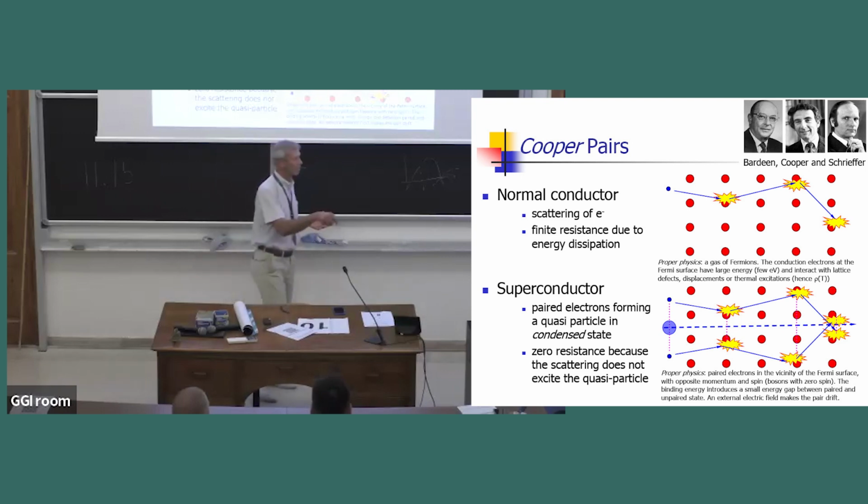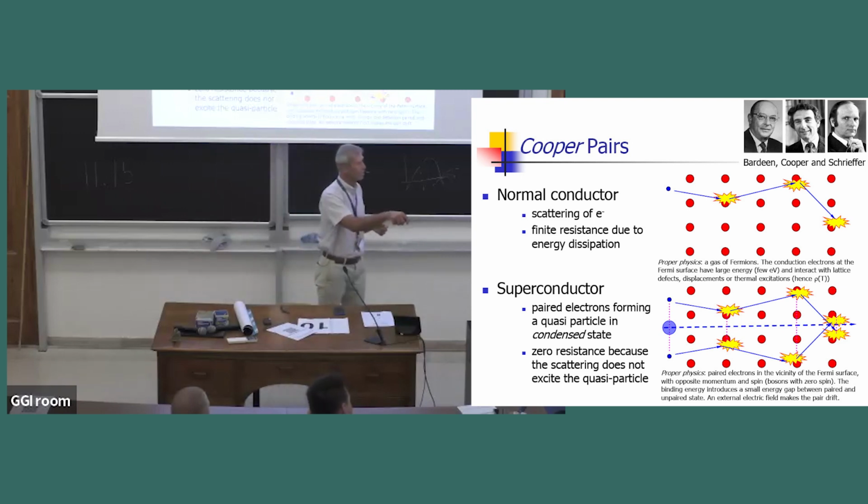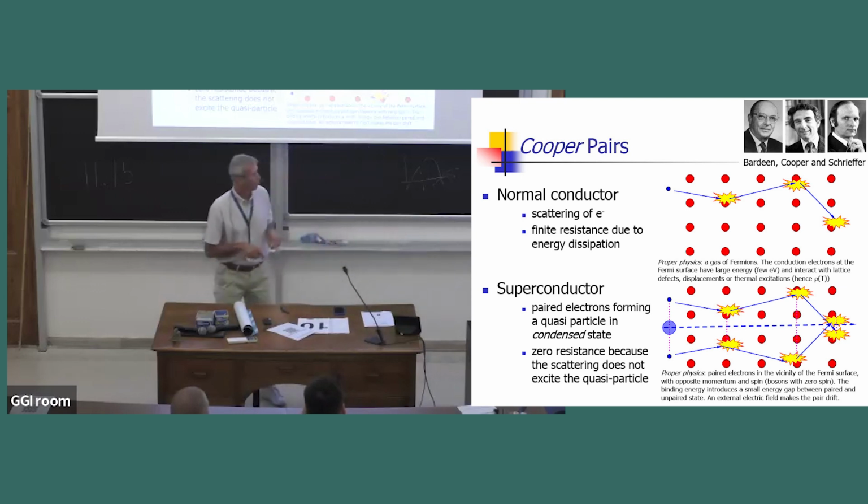Actually, what happens is that these paired electrons in the vicinity of the Fermi surface have opposite momentum and spin, and they end up as bosons. They actually condense in a lower energy state, such that that lower energy state is free to move through the lattice. Okay?